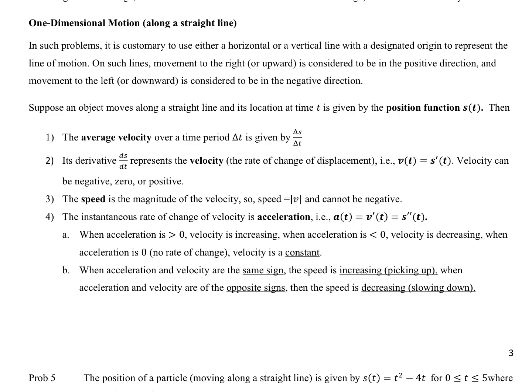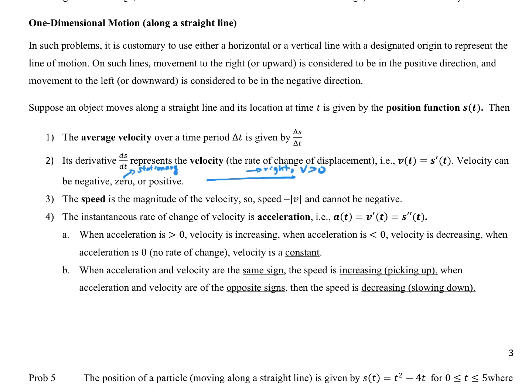Velocity can be negative, 0, or positive. When it is 0, that means it's stationary. Suppose you are using a horizontal line to represent the straight line motion. If velocity is positive, then it's moving to the right.